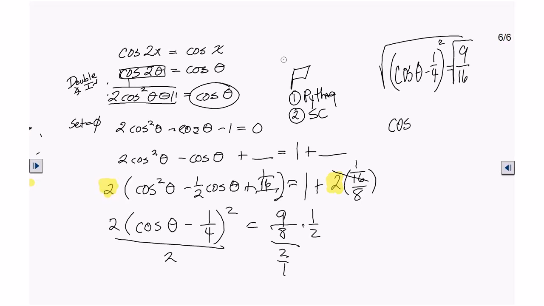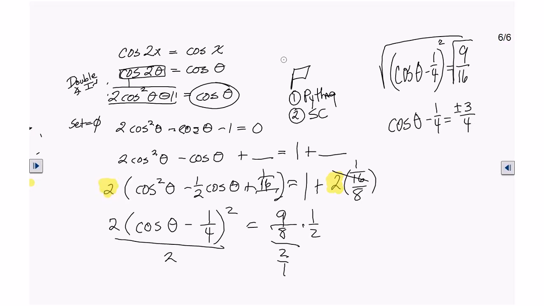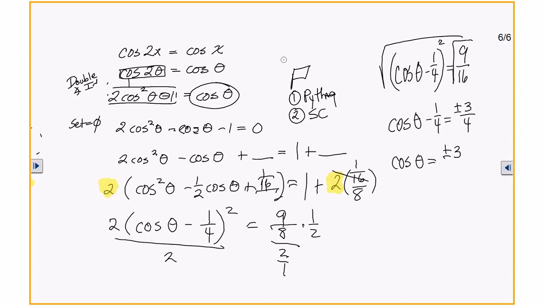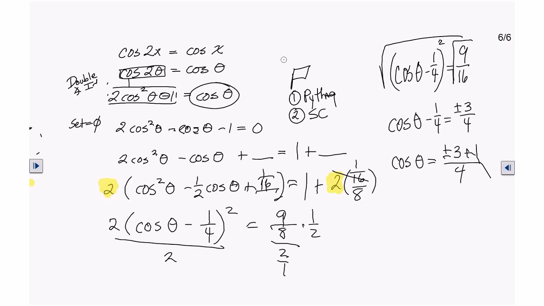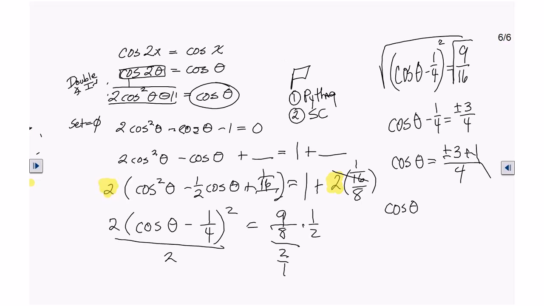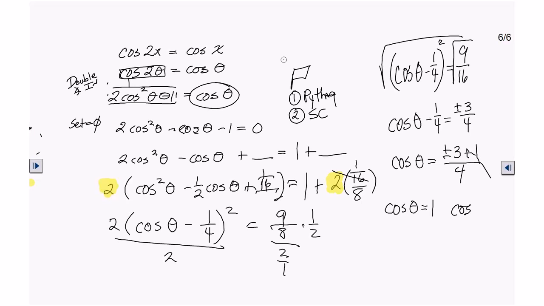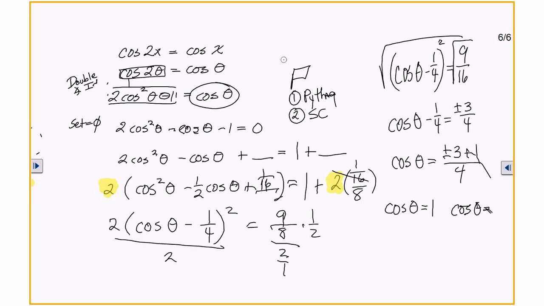Cosine theta minus 1/4 is equal to positive or negative 3 over 4. Cosine of theta is equal to positive or negative 3 plus 1 over 4. What's 3 plus 1? 4 over 4. Cosine of theta is equal to 1. Negative 3 plus 1 is what? Negative 2, which is negative 1/2. Cosine of theta is equal to negative 1/2.